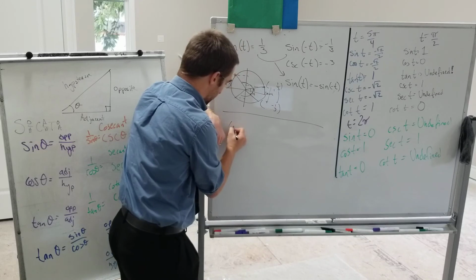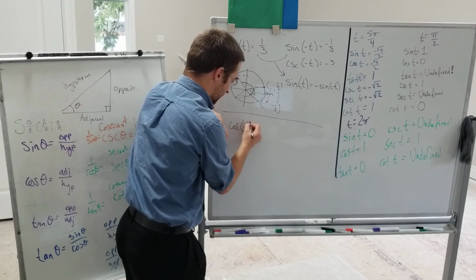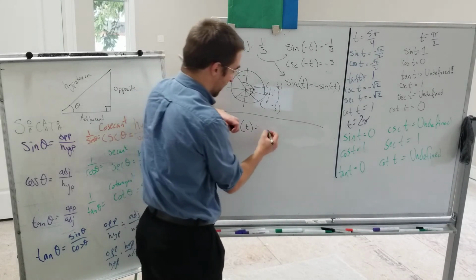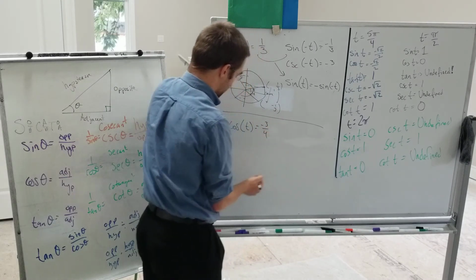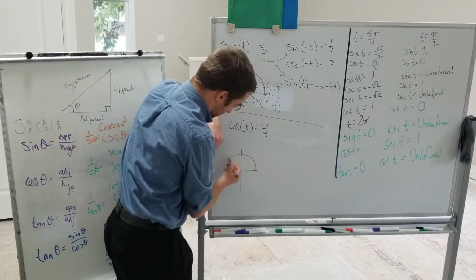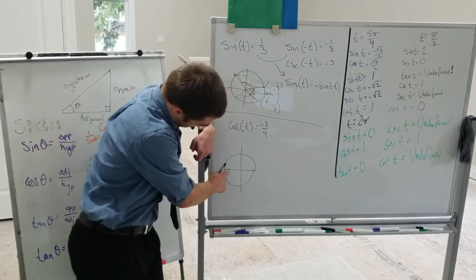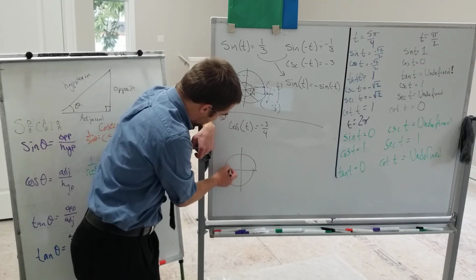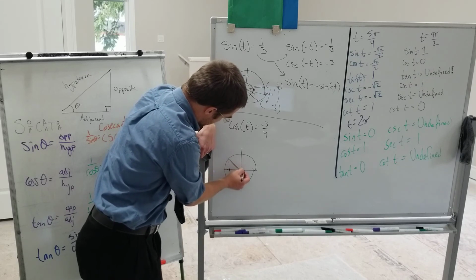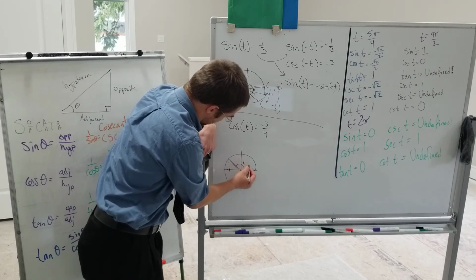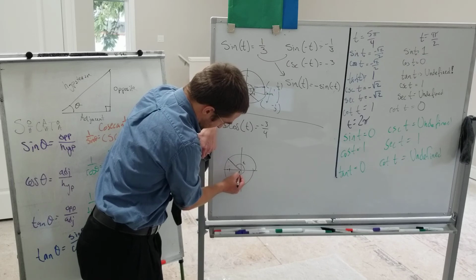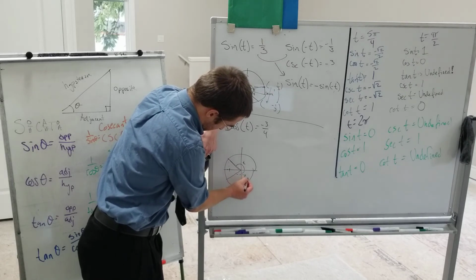Let's look at what if we go cosine of t. What if that's equal to, let's say, -3/4? So here we've got the unit circle, -3/4 would be like there, 3/4 of the way to -1. So this is the angle t. The angle negative t would be there.